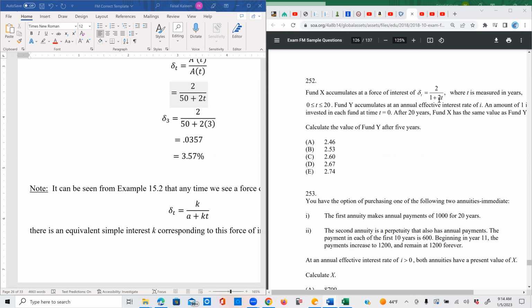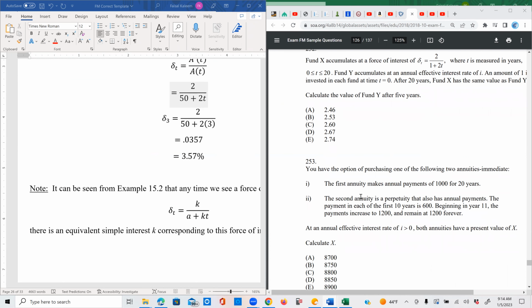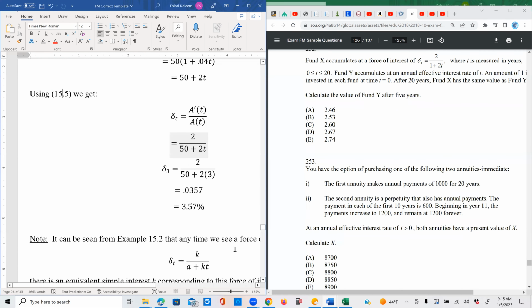So this coefficient of t, which should be the same as this constant in the numerator, is the simple interest if you have a force of interest of this kind of form, k over a plus kt. So 2 is the simple interest in this case. And so now actually let's make a correction here.